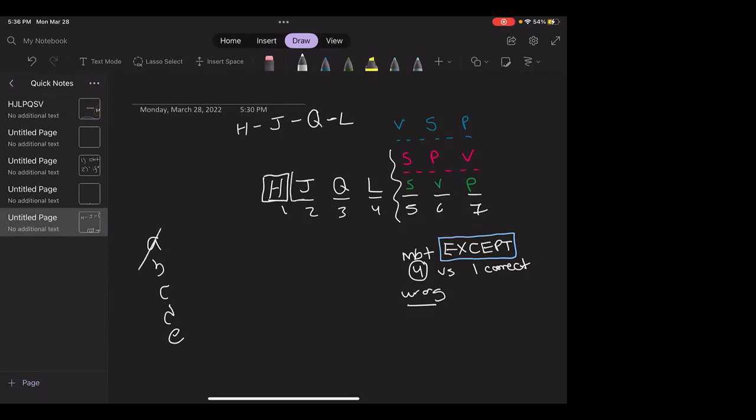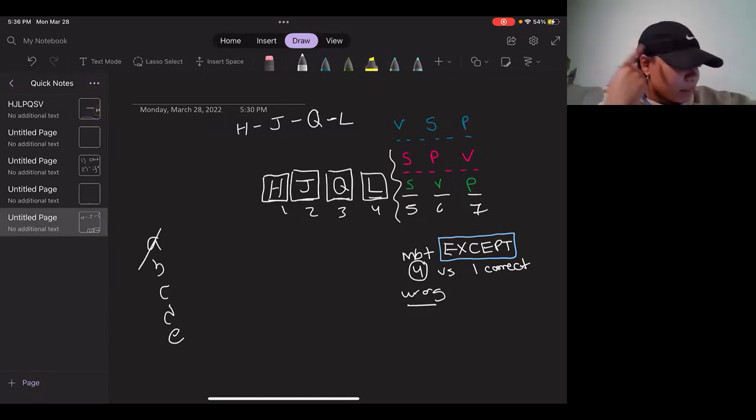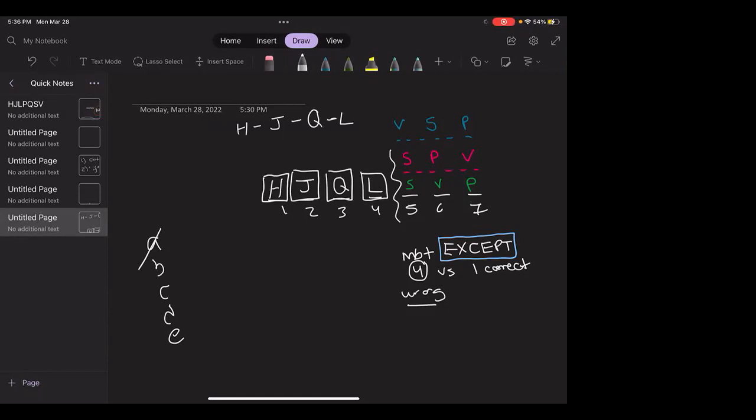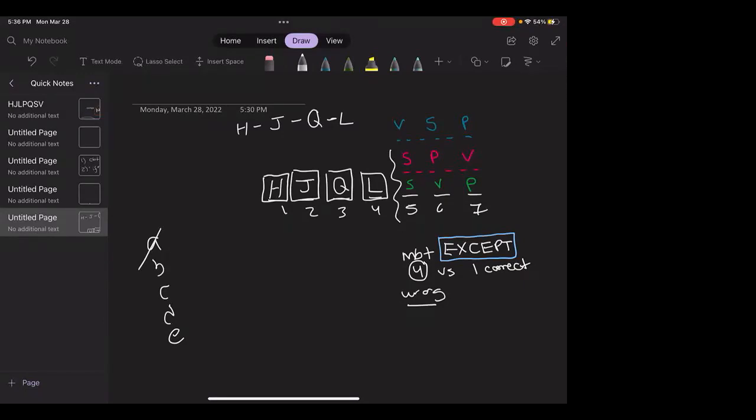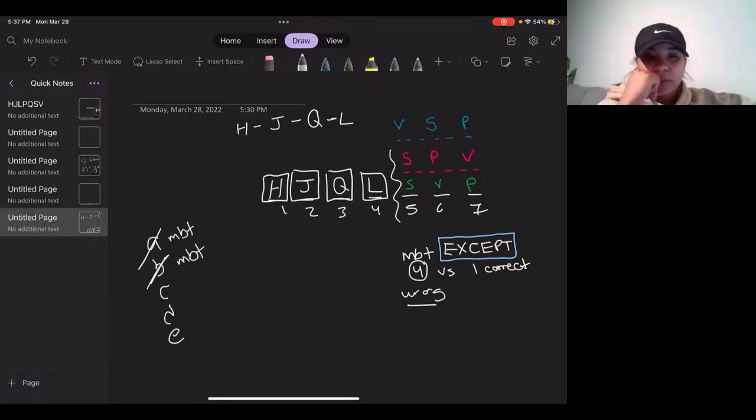We know that J has to go second, Q third, and L fourth, right? That is so helpful. All right. Does it have to be true that L is 4? Yes, it's our wrong answer. And if it helps, you can write MBT, because remember, we're looking for the exception.